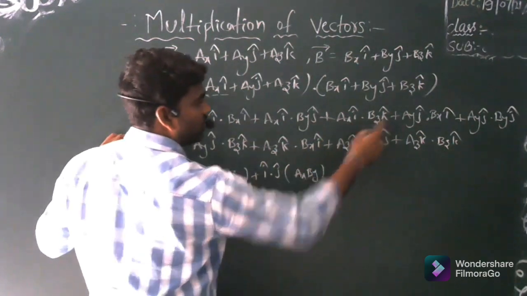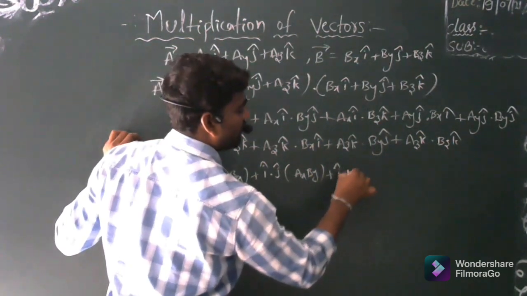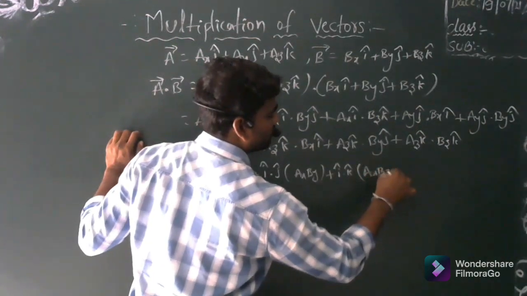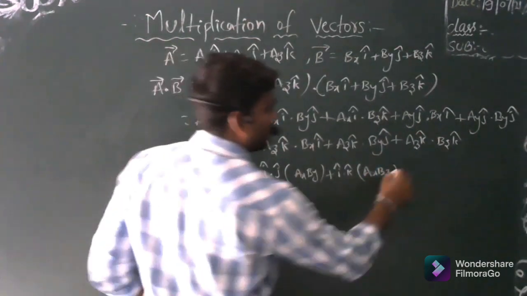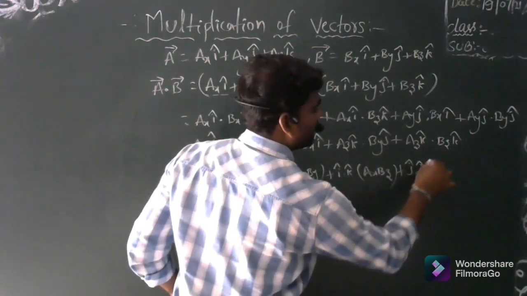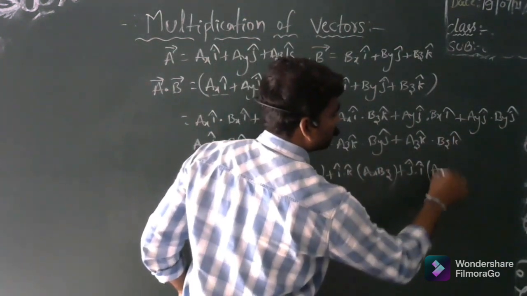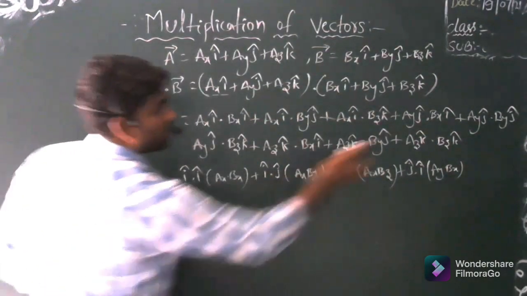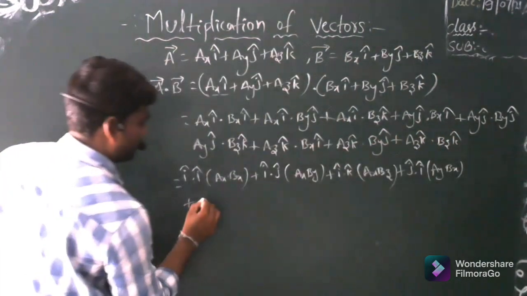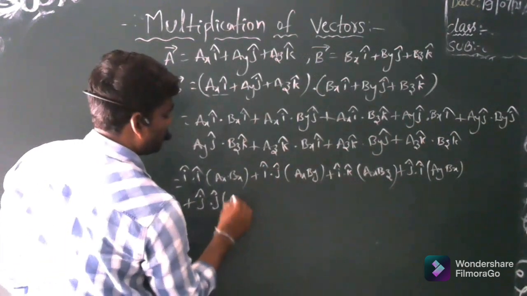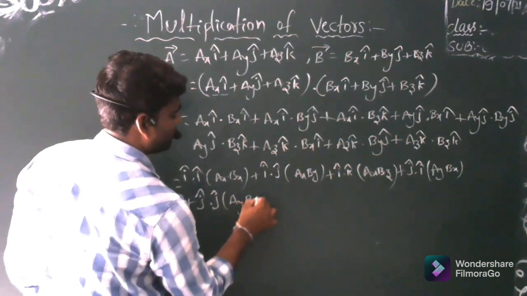Here i cap dot k cap into Ax Bz, plus j cap dot i cap into Ay Bx, and then plus j cap dot j cap into Ay By.